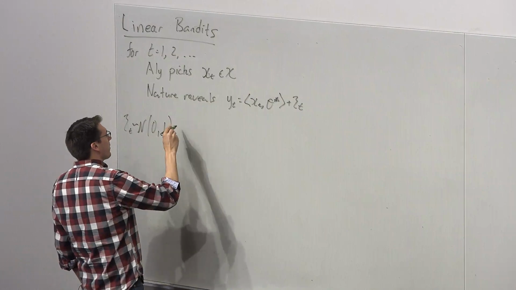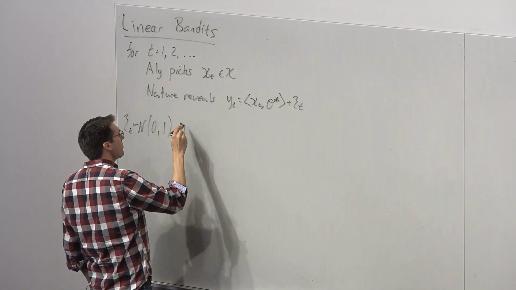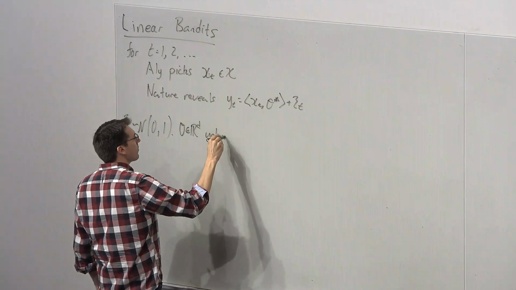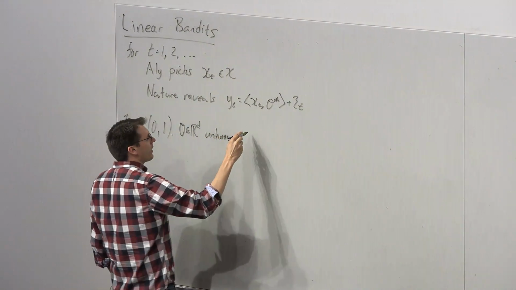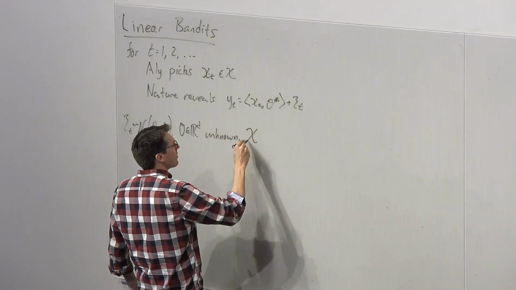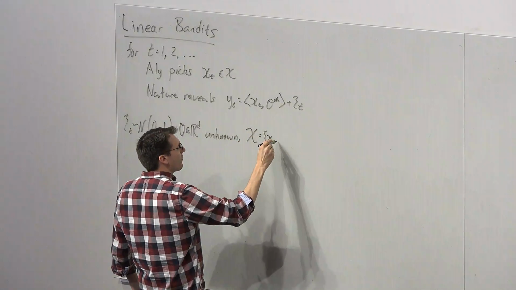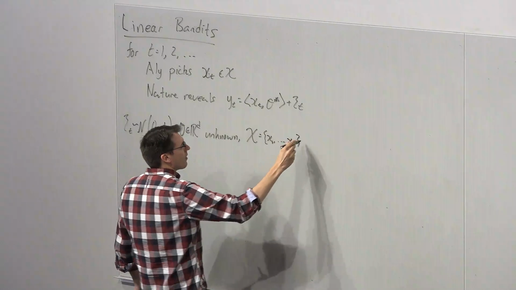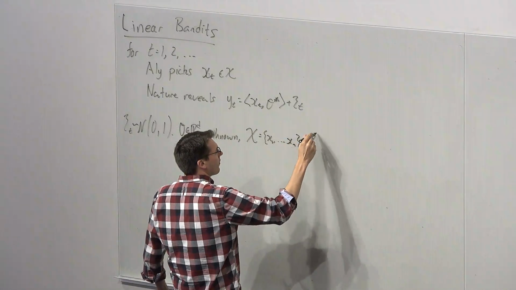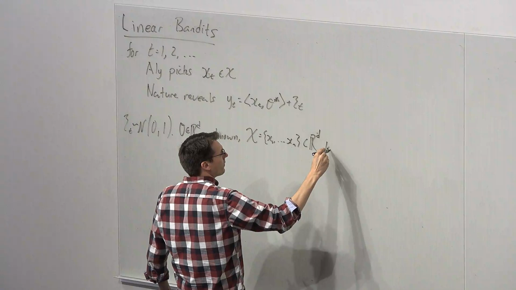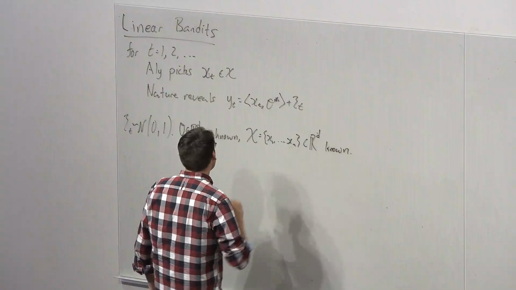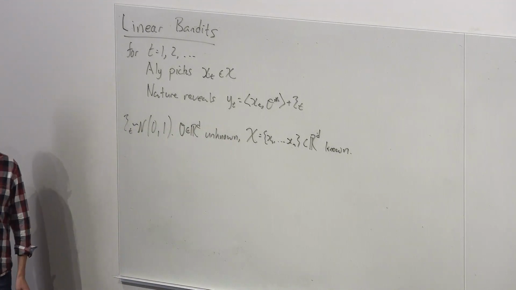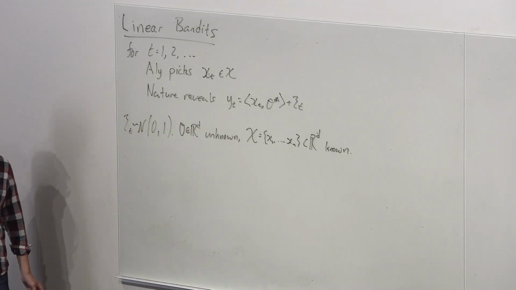And theta star is unknown, in R^d, but X, which is just some set of vectors, some subset of R^d, is known. And again, for the pure exploration portion of this, we're going to assume that the best arm is unique.